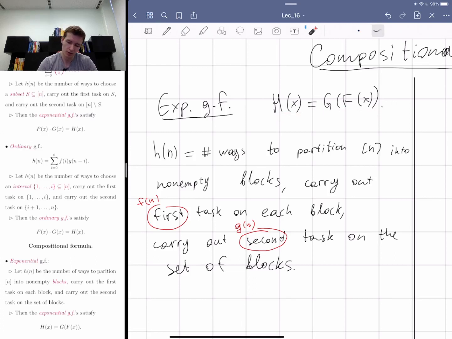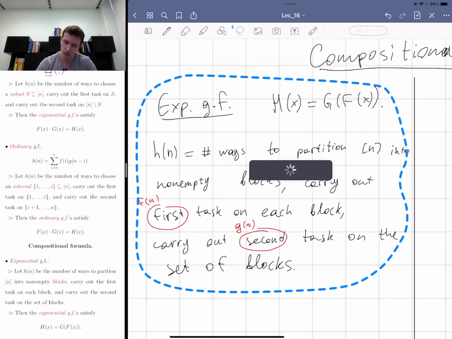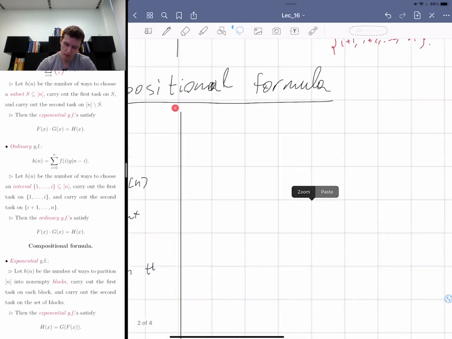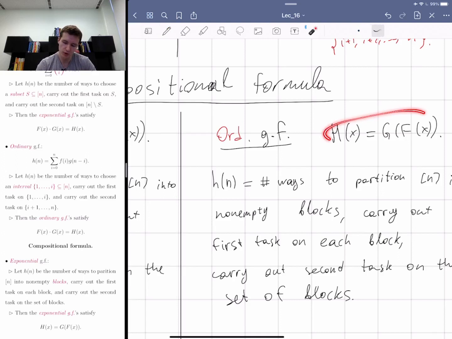Now I'm going to try to do the same on the right-hand side. So here I'm going to have ordinary. First of all, let me erase the red stuff. Okay, ordinary generating functions. When is the compositional formula true for ordinary generating functions?